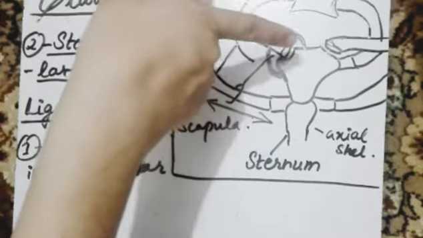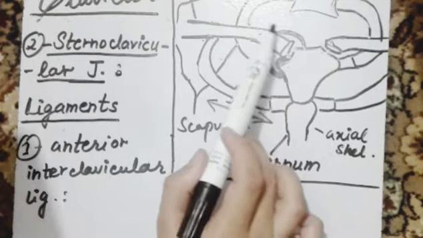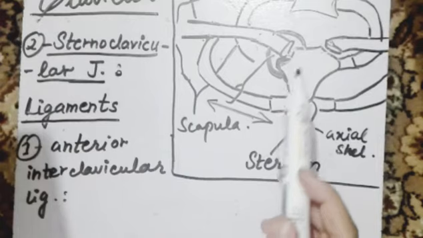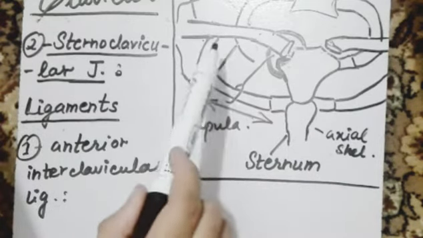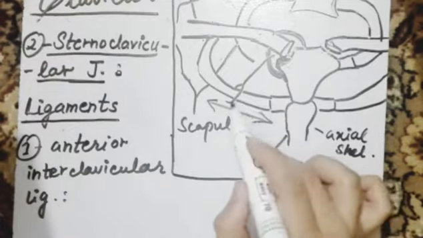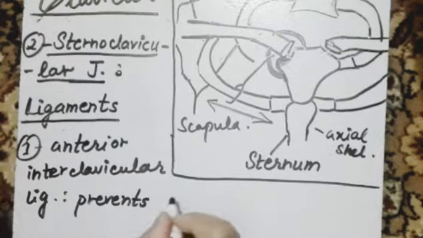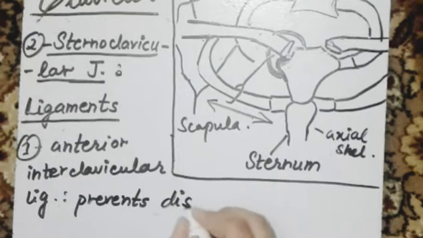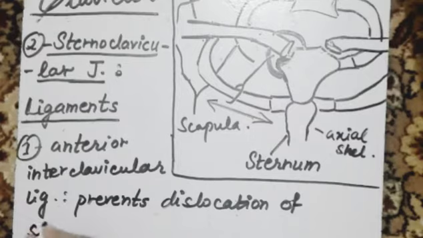It's on the superior surface of the joint, the upper part of the joint. And this ligament is responsible for preventing dislocation of the clavicle upon shoulder depression. When we just depress our shoulder down, it prevents dislocation. Which ligament prevents dislocation? Anterior interclavicular ligament.